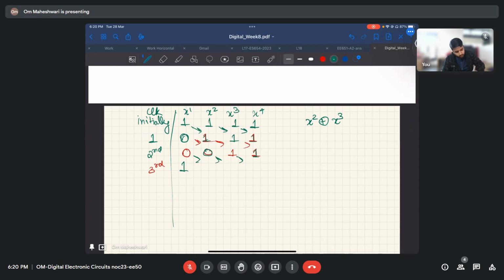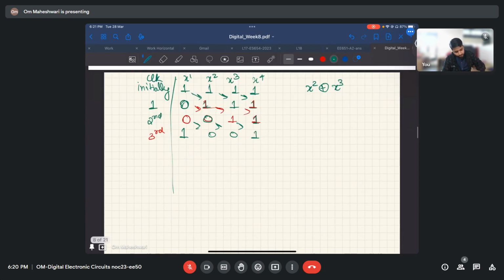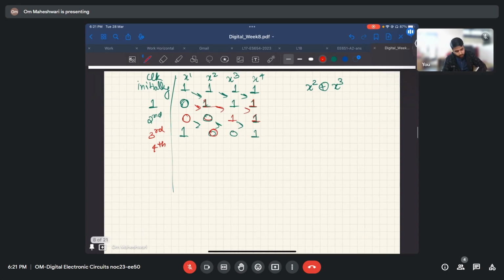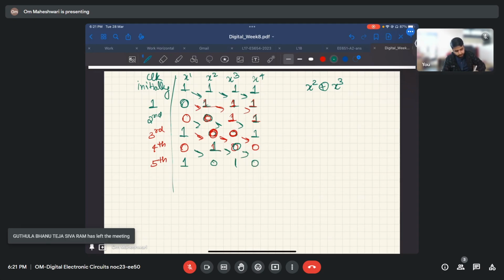These will shift, 0 0 1. Again, in the fourth clock, 0 and 1 XOR, now 0 and 0 XOR is 0. These will shift, 1 0 0. Fifth, 1 and 0 XOR is 1, and these will shift, 0 1 0.